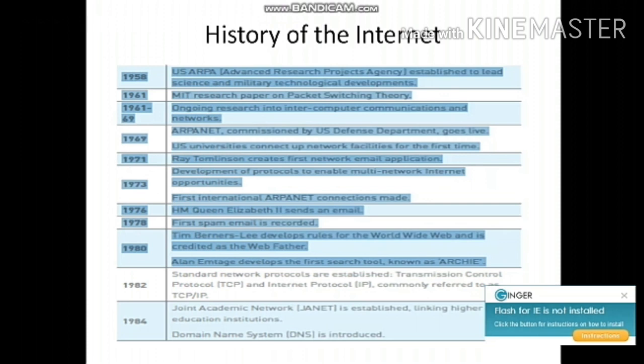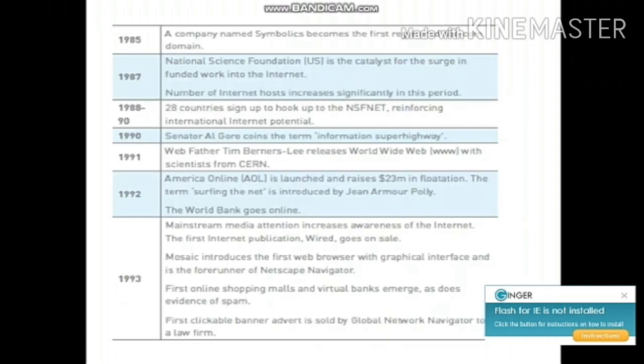The growth of the internet is a step by step process. It began from 1958, and year by year, or every 2 years, softwares were developed one by one, and shopping websites were also created.